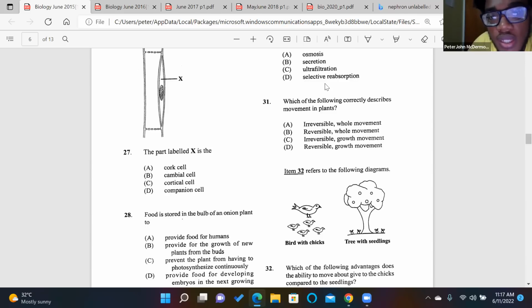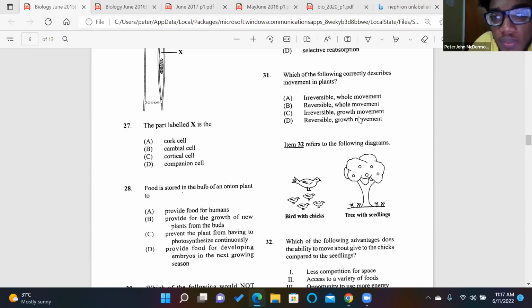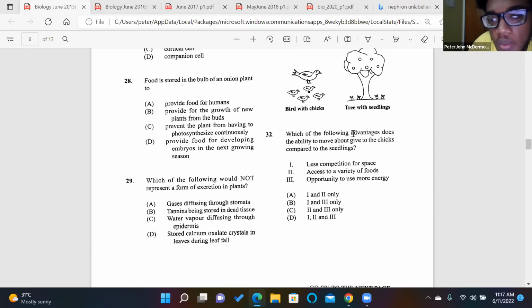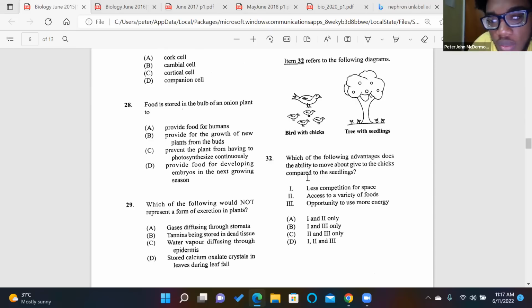You guys send answers in the chat. C. Yeah, I'd say that as well. Which of the following advantages does the ability to move about give to the chicks compared to the seedlings? What do you guys think?